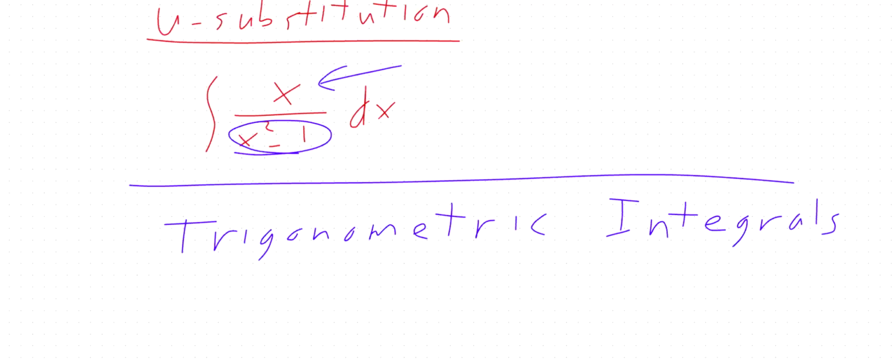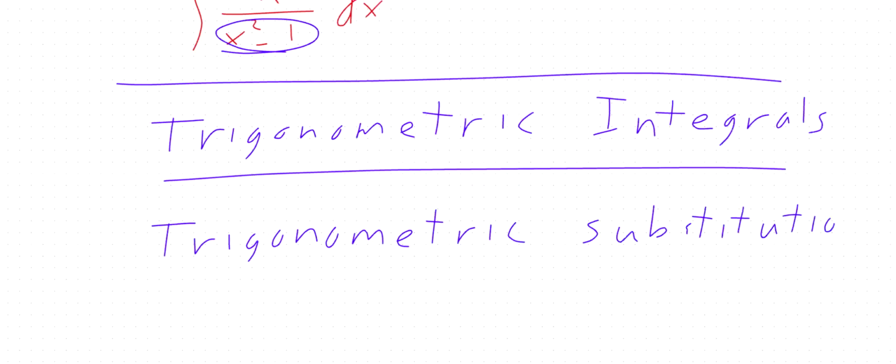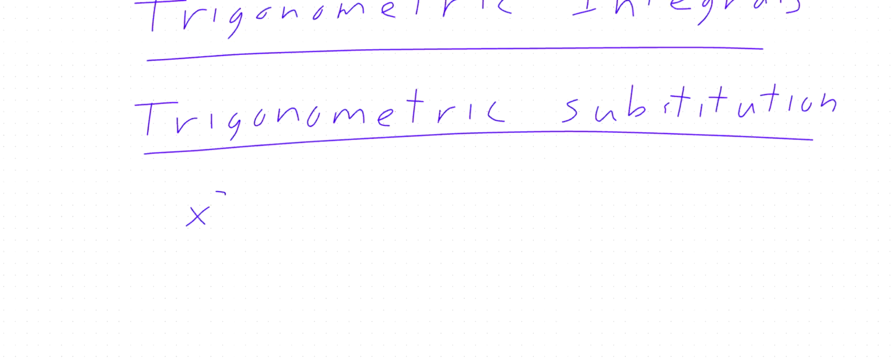Is it going to be trigonometric substitution? In which case we want our x to be secant. Is it a situation where we have an x squared plus 1 or 1 plus x squared?